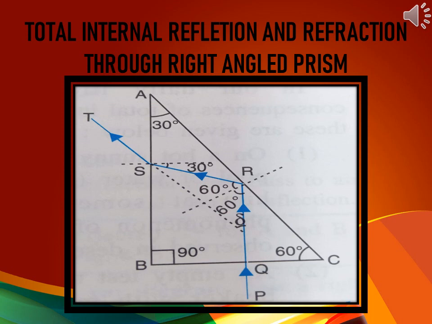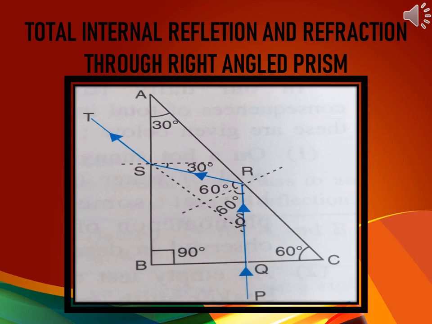A light ray PQ incident normally on the face BC of the prism passes undeviated as QR into the prism, and it strikes the face AC at an angle of incidence 60 degree at the point R. Now the light ray QR suffers TIR at the glass-air interface, since the angle of incidence, which is 60 degree, is greater than the critical angle, which is 42 degree.